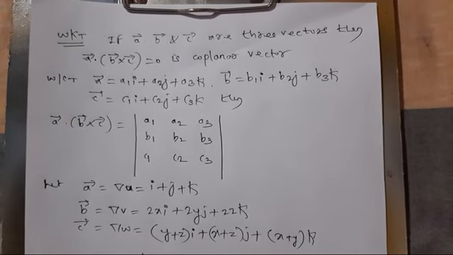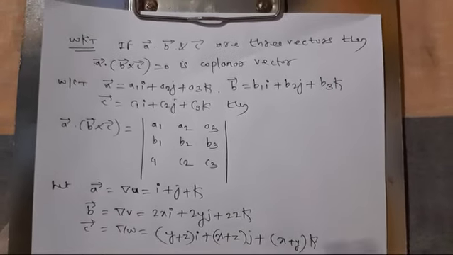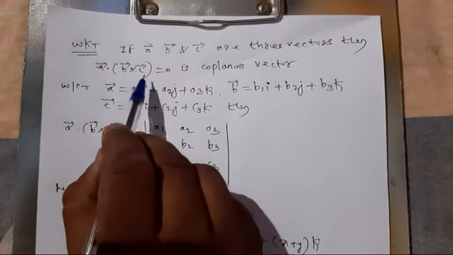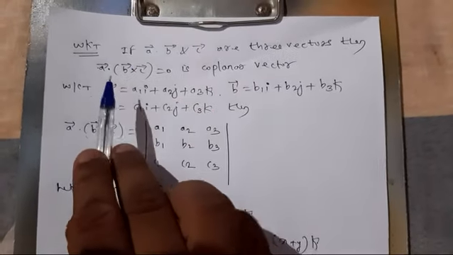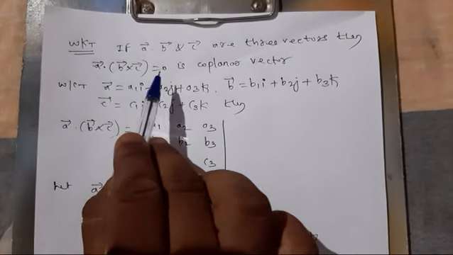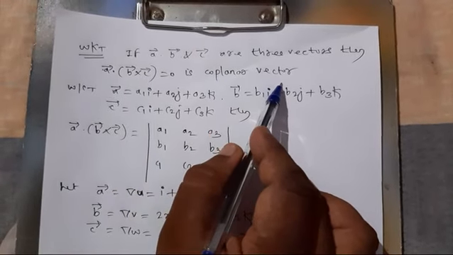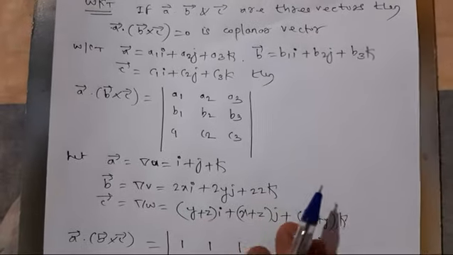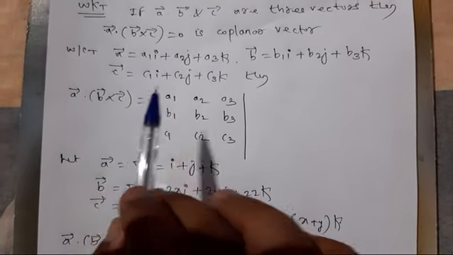First we will understand what we mean by coplanar vectors. Coplanar vectors means if there are three vectors a, b, c, and the scalar product of a, b, c is equal to 0, then we can say these are coplanar vectors. Here we will also recall the scalar product of three vectors.